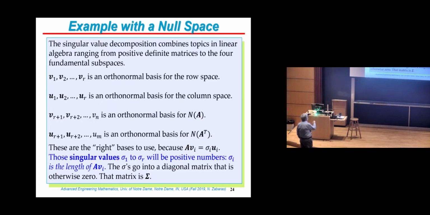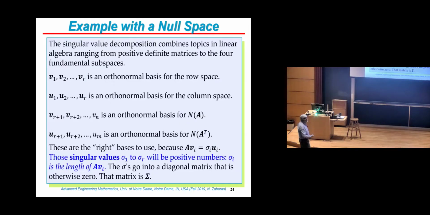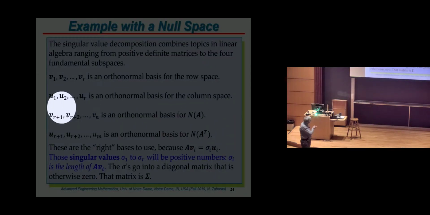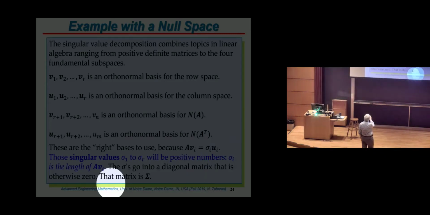And you have to do the same thing with Ur plus 1 to Um from the orthonormal basis of the left null space. The reality is you will never have to do those calculations because the corresponding sigmas to those vectors are going to be equal to 0. But if you want to make the whole thing look nice in Rm and Rn, you can throw in this basis, and I'll show you an example.